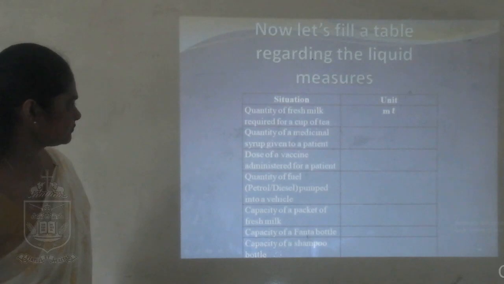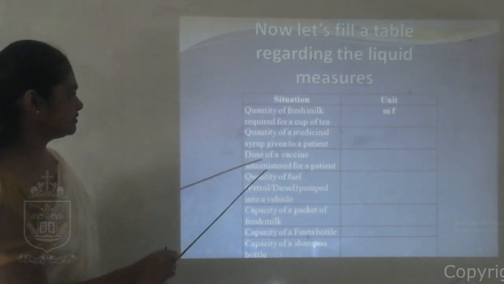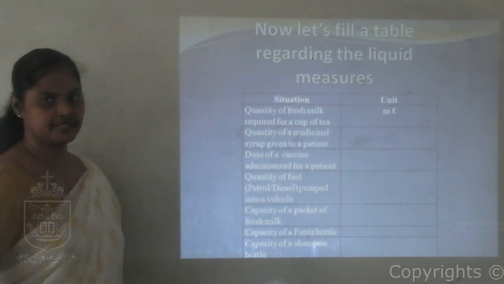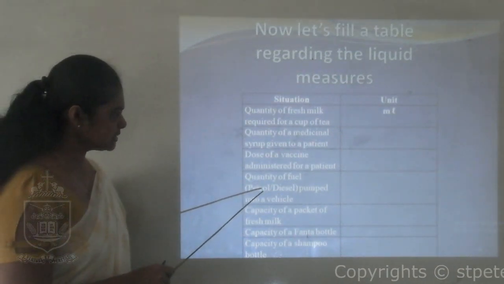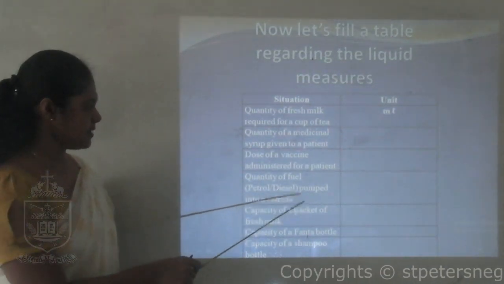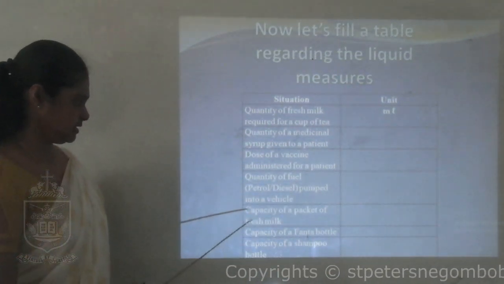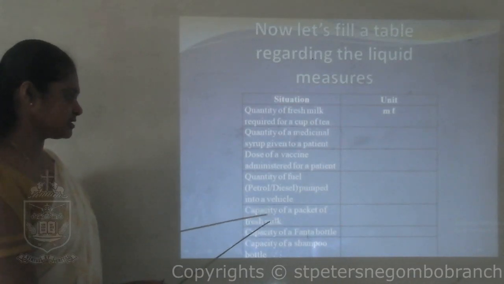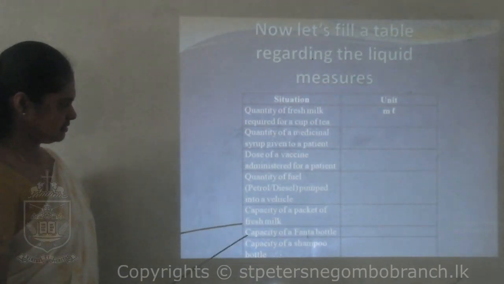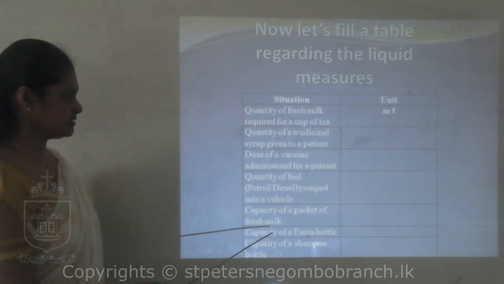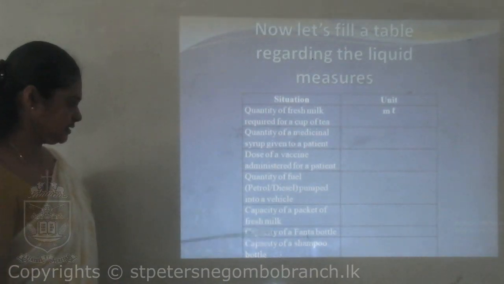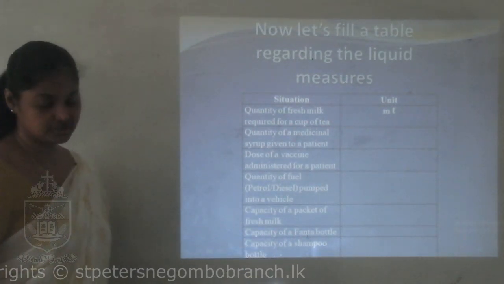Next one, the dosage of a vaccine administered for a patient. Quantity of fuel pumped into a vehicle. Capacity of a packet of fresh milk. Capacity of a Fanta bottle. Capacity of a shampoo bottle.